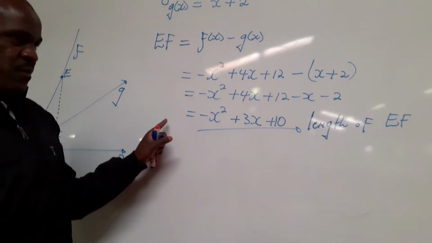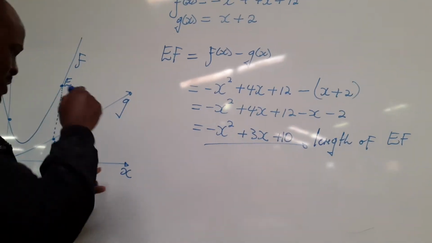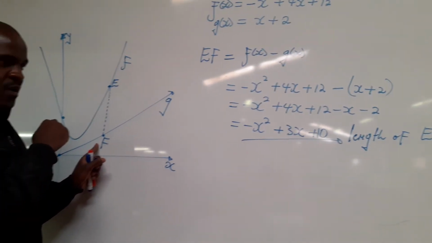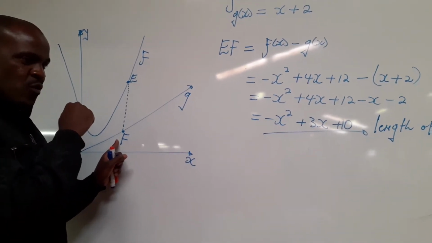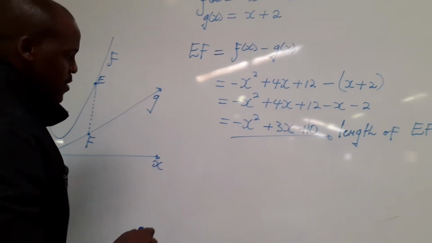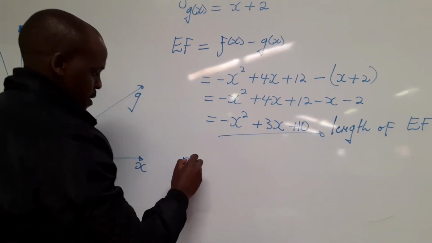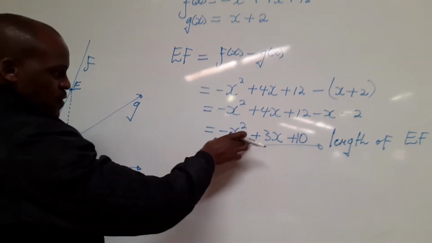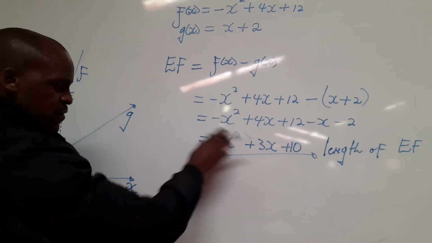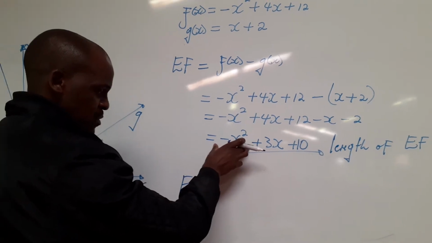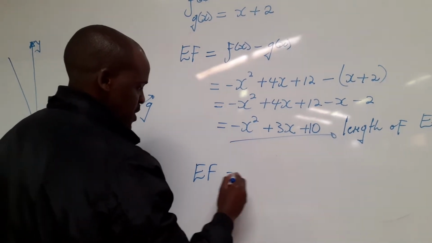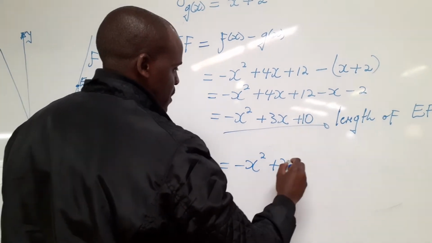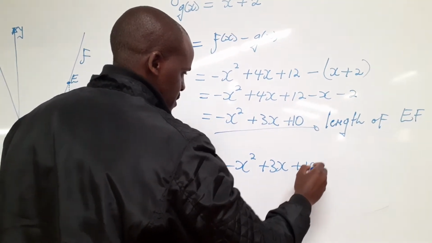Now we are to find the maximum length. For maximum or minimum, you always derive. We find the derivative of the equation for the length of EF. Let's firstly write this equation as it is: minus x squared plus 3x plus 10.